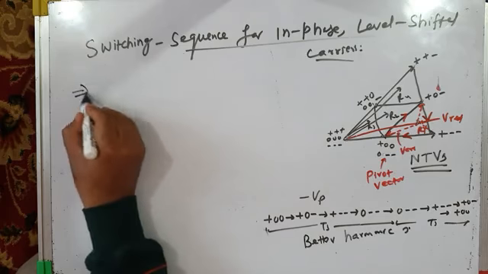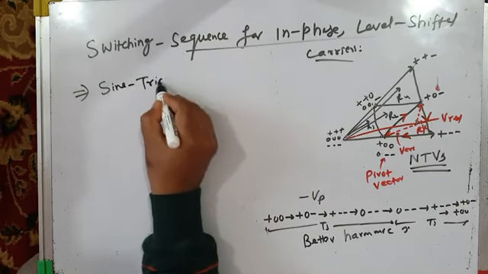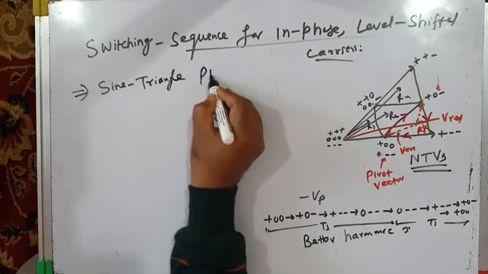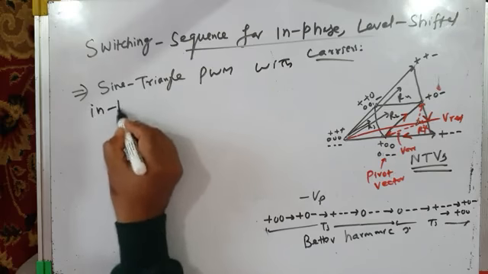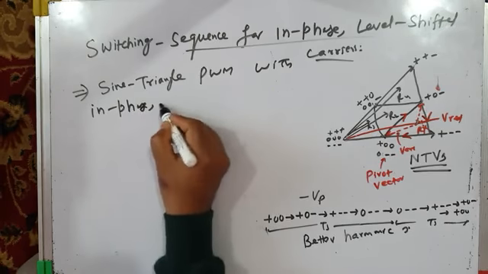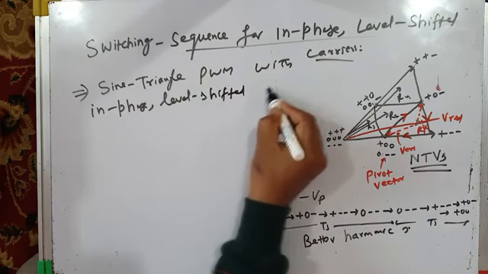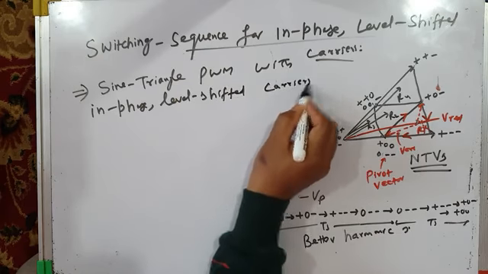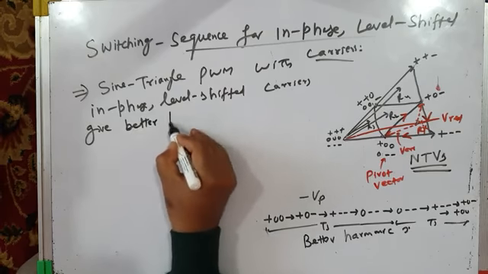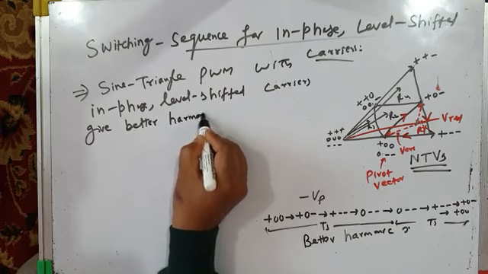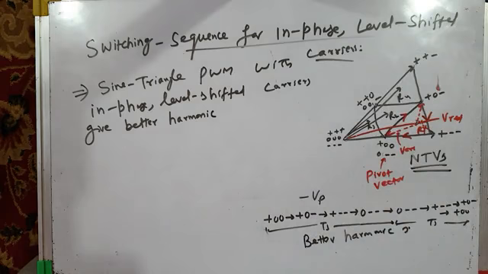So Sine PWM or Sine Triangle PWM with in phase level shifted carriers gives better harmonic spectrum. Please correct the statement if I have made a statement that out of phase level shifted carriers give better harmonic spectrum.